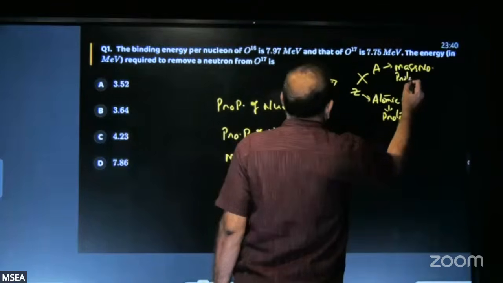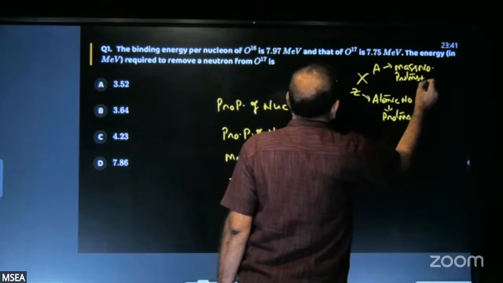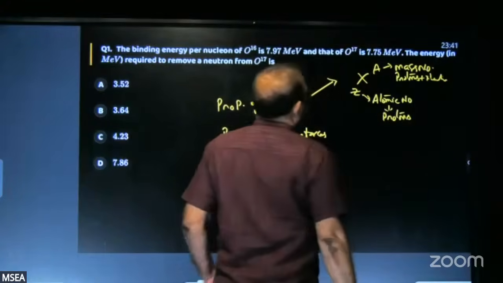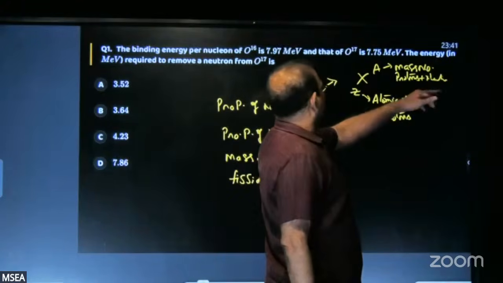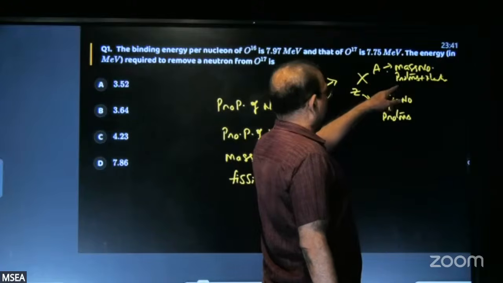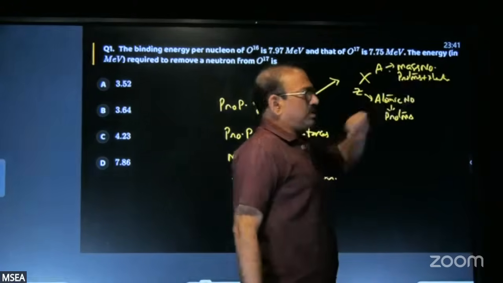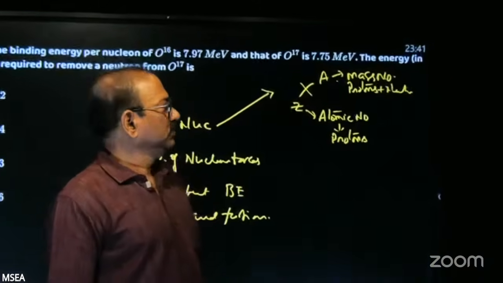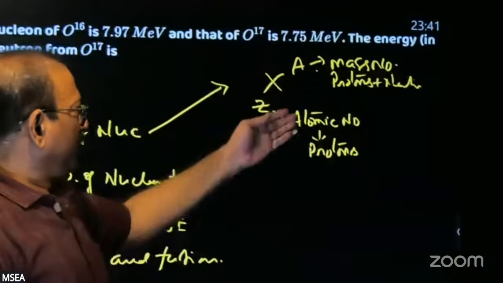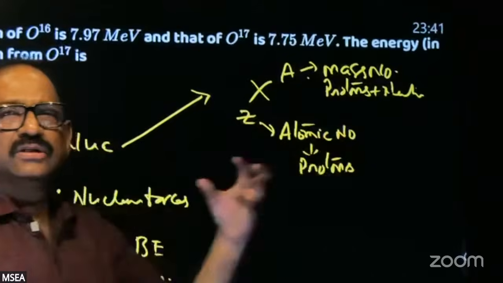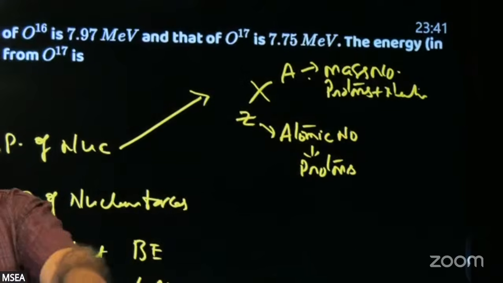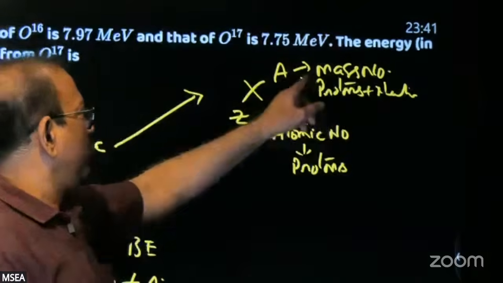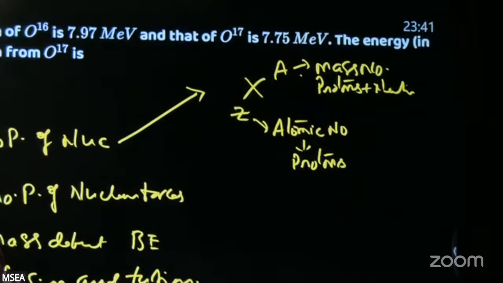Indicates number of protons plus neutrons. Protons and neutrons are the constituent particles of nucleus. Means protons and neutrons contribute mass to the nucleus. That's why their total number is called mass number.